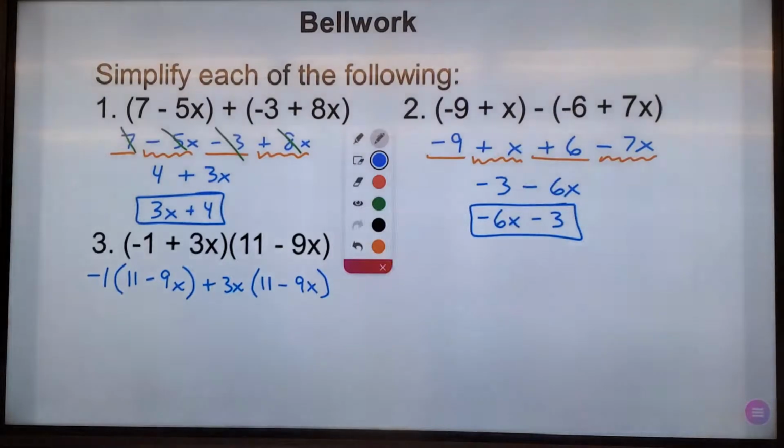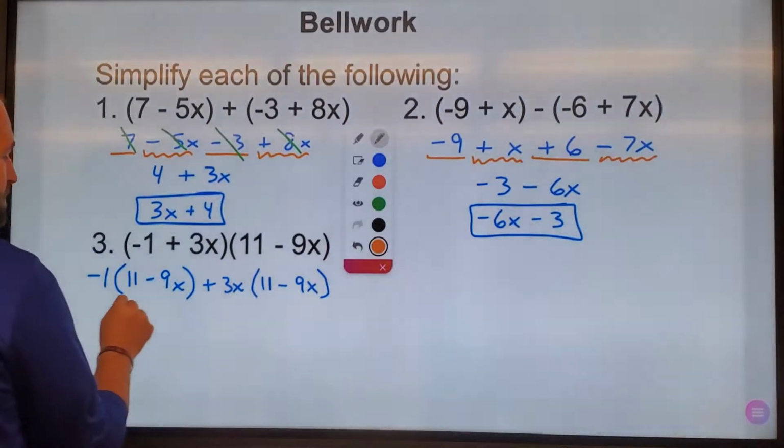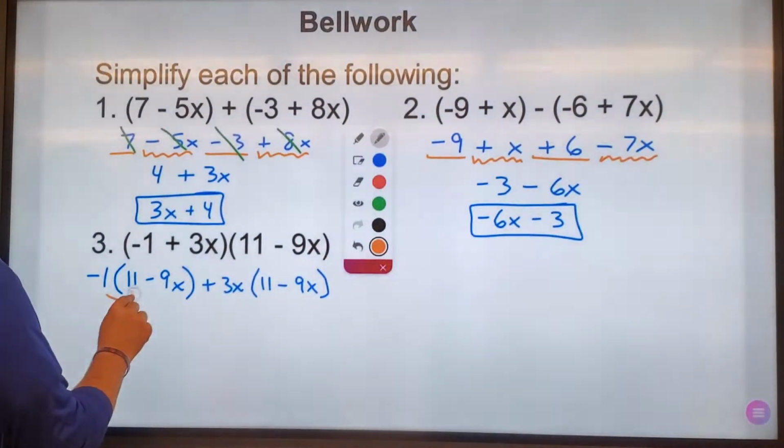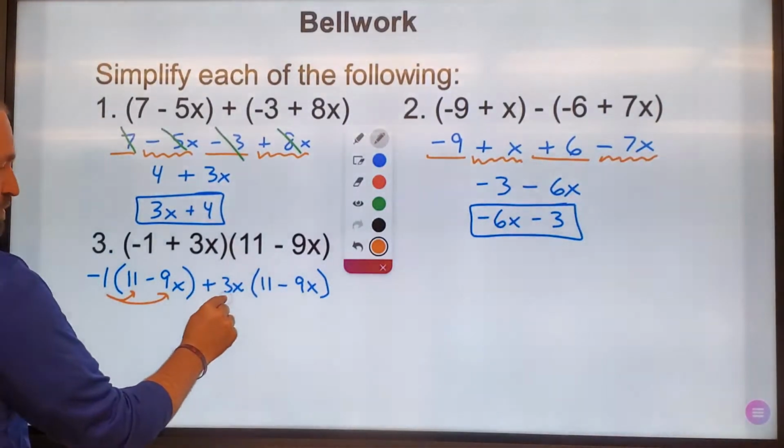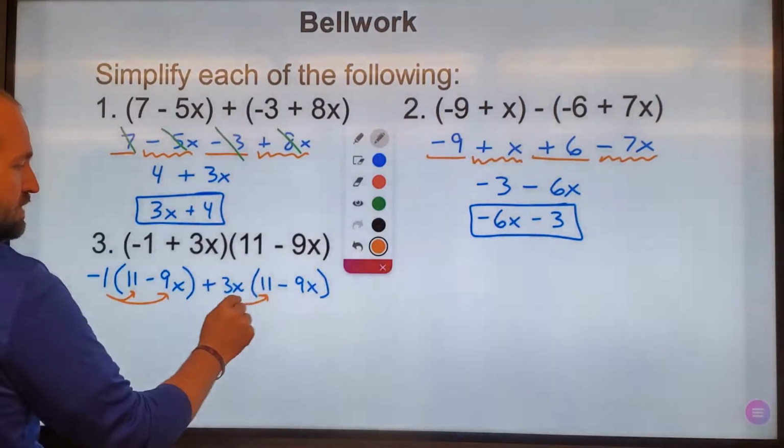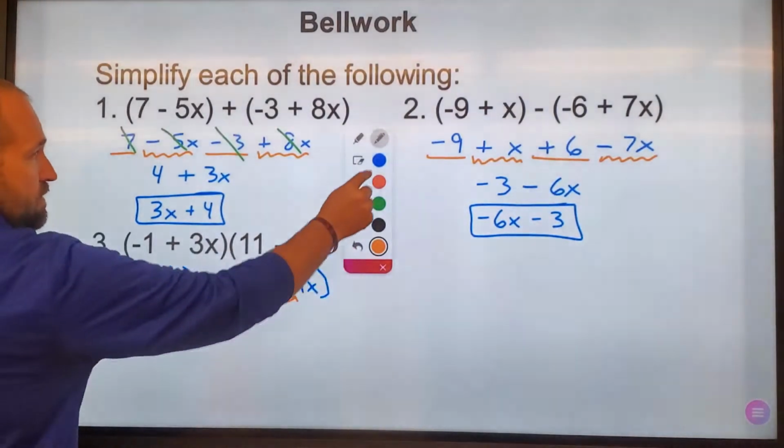Okay, and then I take those monomials now that are outside the binomials, or the number that's outside the set of parentheses, and I'm going to distribute. So I'm going to take this and multiply in to both of these items. And then I'm going to take the 3x here and multiply in to both of these items.